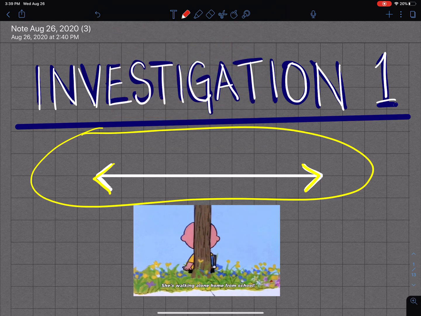And then a line segment is basically just a part of a line. So I can start here and maybe we could call that point A. And then I could end here and we could call that point B. And in between those points is a line segment, okay? So a line segment is a part of a line, and it does have ends because it starts at A and it ends with B.